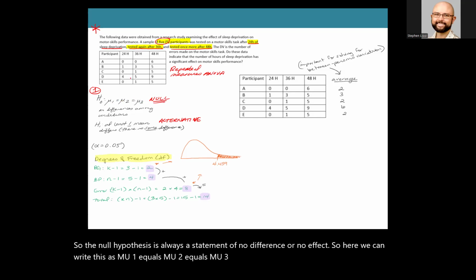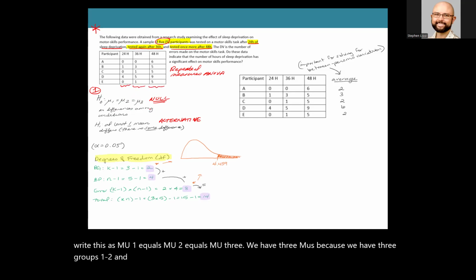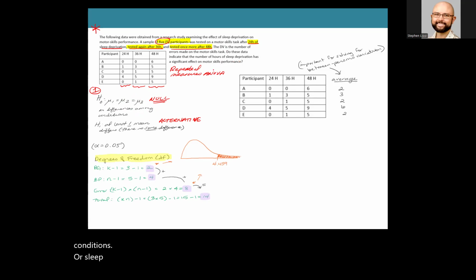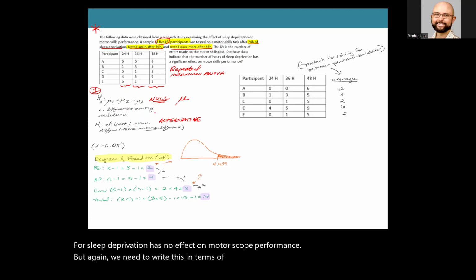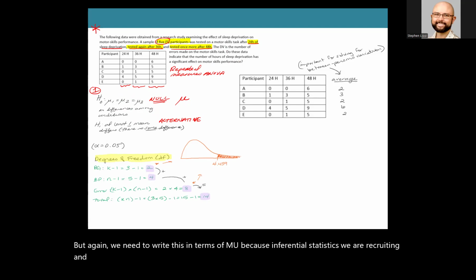We have 3 mu's because we have 3 groups, 1, 2, and 3. And so in words, we can state that there's no differences among conditions, or sleep deprivation has no effect on motor skill performance. But again, we need to write this in terms of mu because in inferential statistics, we are recruiting and sampling individuals to say something about the bigger population.